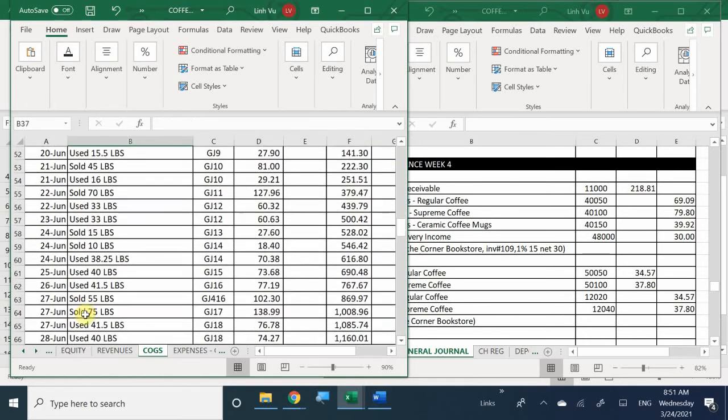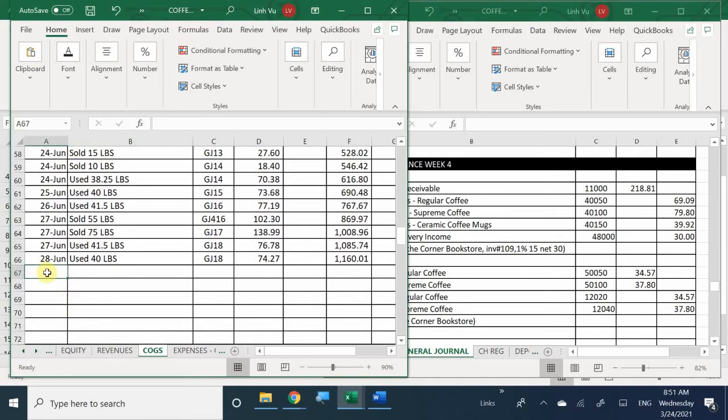Then we also sold 20 pounds of the Supreme Coffee. We sold 20 pounds.